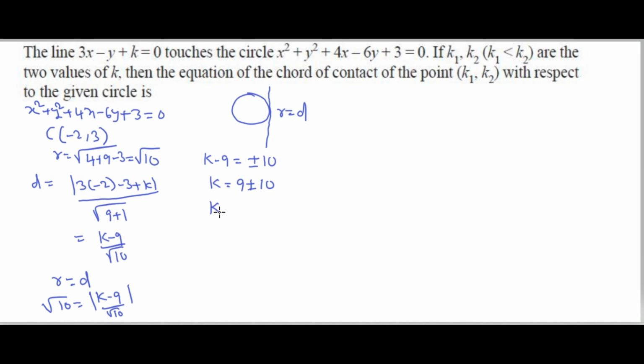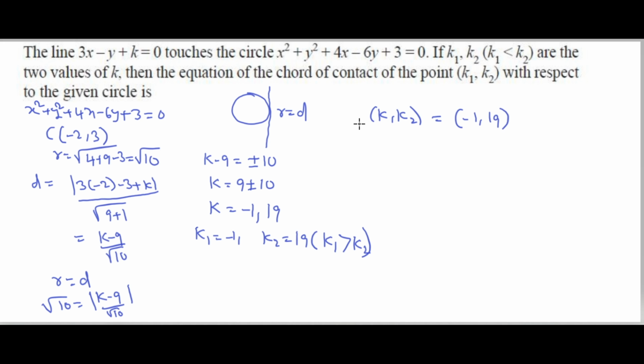Therefore the k values are 9 − 10, which is −1, and 9 + 10, that is 19. Here the condition is given, k1 is equal to −1 and k2 is equal to 19, because k1 is less than k2. So the point (k1, k2) is (−1, 19).